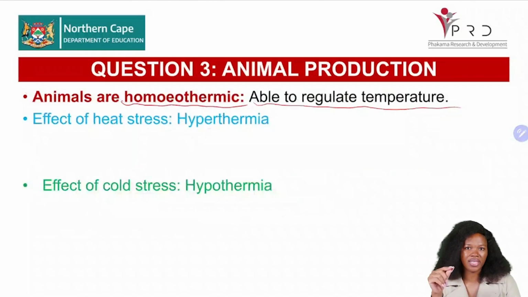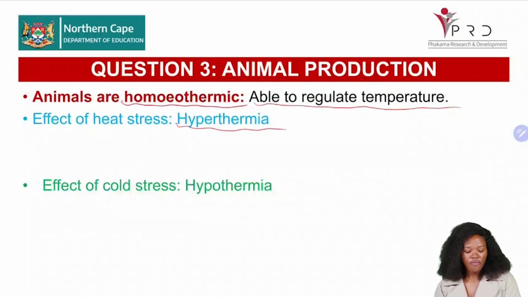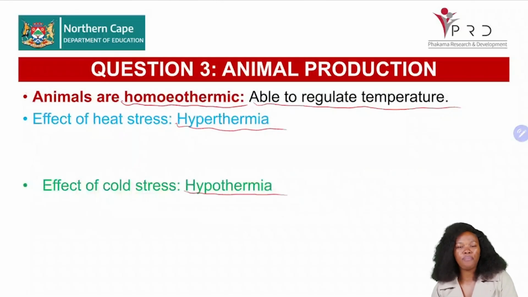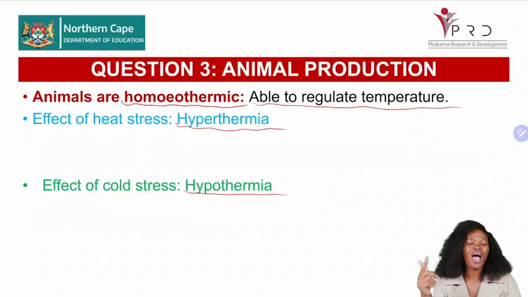They will be affected. Once they are affected, they will suffer from what is known as hyperthermia, or hypothermia. So once farm animals suffer from hyperthermia or hypothermia, production will be negatively affected.